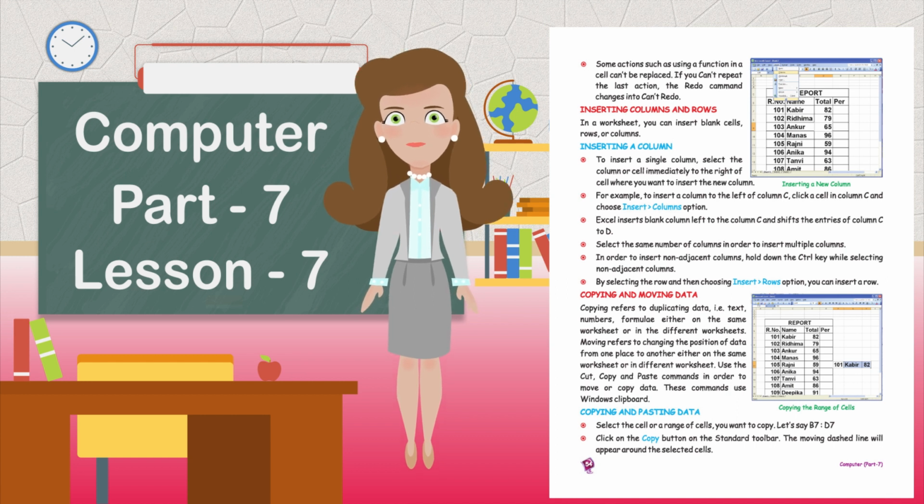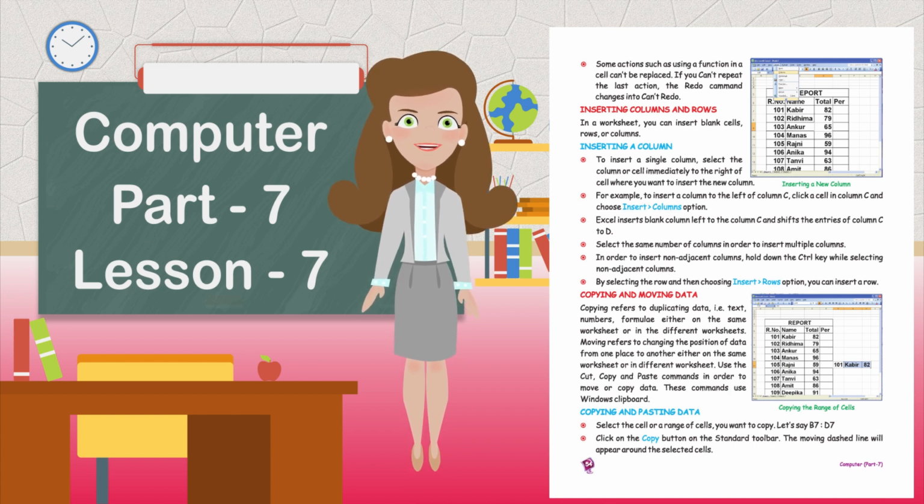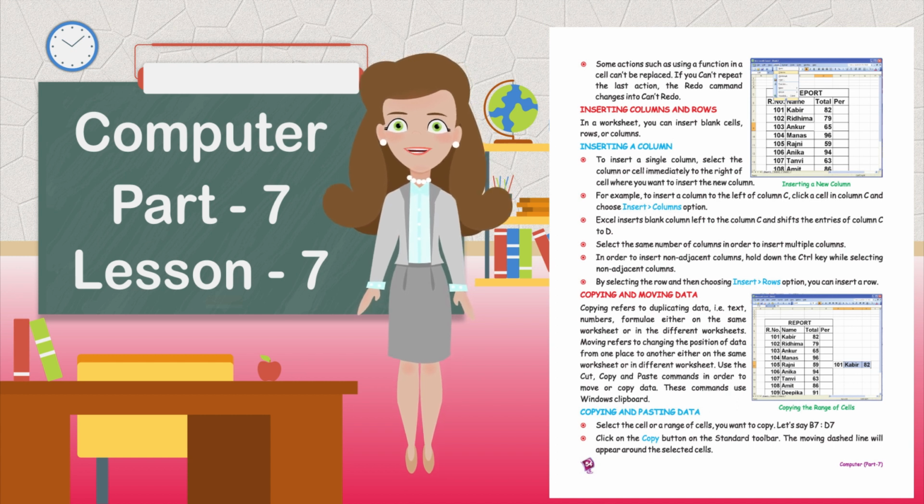For example, to insert a column to the left of column C, click a cell in column C and choose Insert, then Columns option. Excel inserts a blank column to the left of column C and shifts the entries of column C to D. Select the same number of columns in order to insert multiple columns.